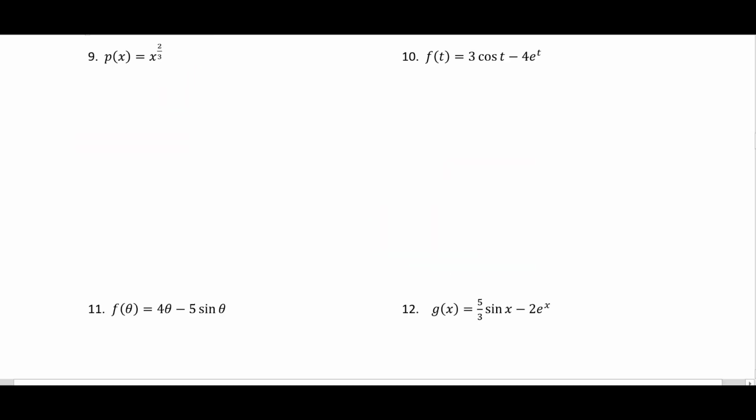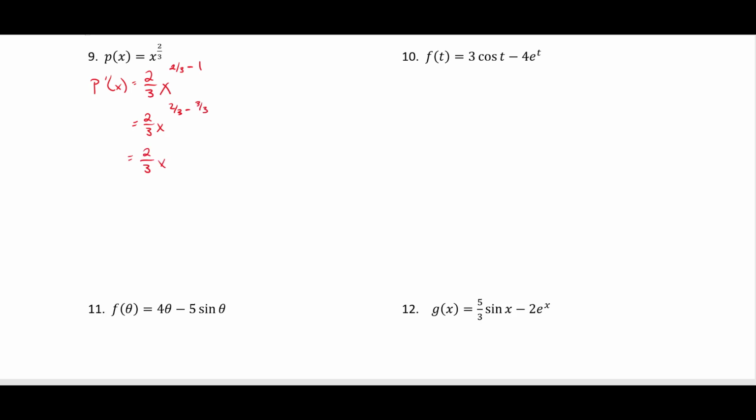Speaking of rational exponents, now let's look at number 9. So p of x is equal to x to the 2/3 power. Same thing, we just have a power of x, x to some power. So we want to use the power rule. So p prime of x in this case, bring down our exponent, so 2/3 x to the 2/3 minus 1. So that's 2/3 x to the 2/3 minus 3/3 power.